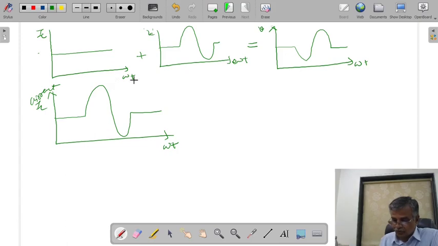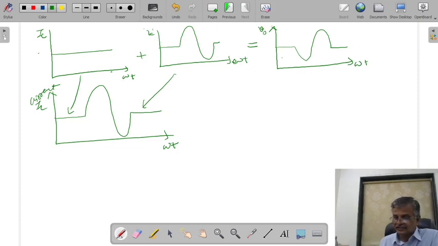This is nothing but the combination of these two, this plus this. So due to this variation in the collector circuit, you will get the voltage across RL like this. This is called the output voltage.